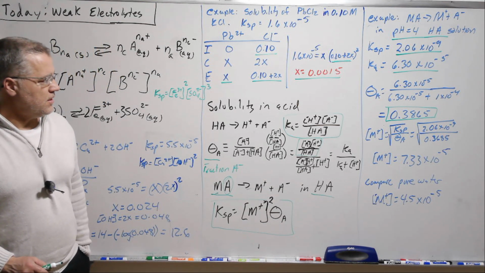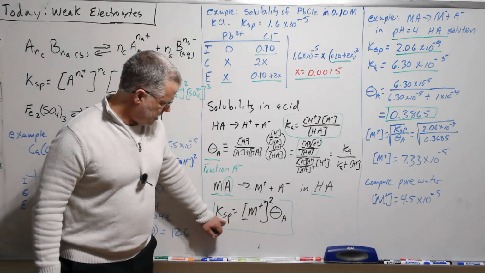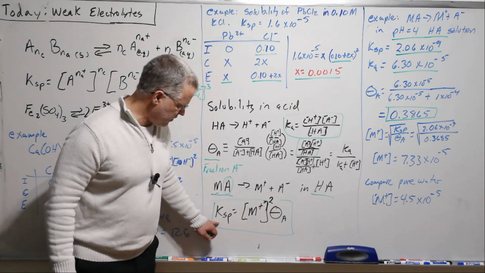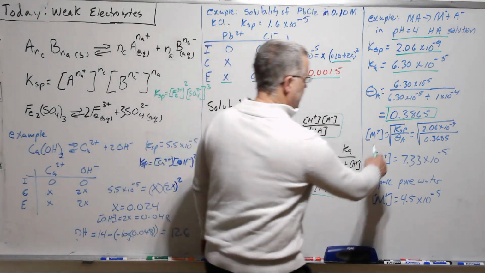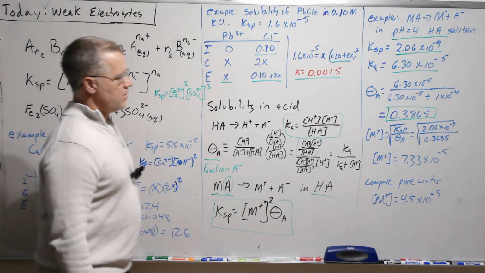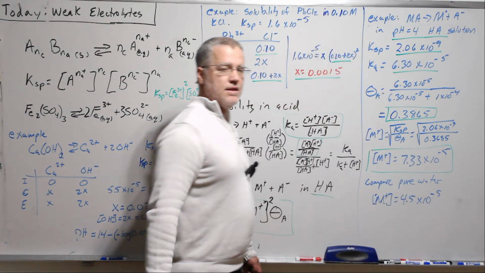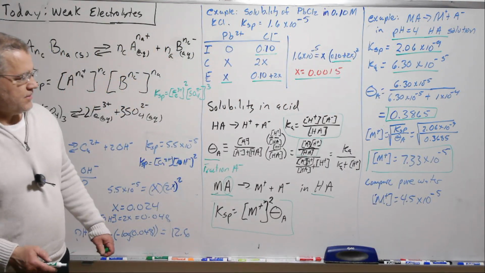Okay, well, now let's solve this equation for m squared. So I'm going to just bring this over here, take the square root. So it's Ksp divided by that, take the square root, and we get 7.3 times 10 to the minus 5 molar.